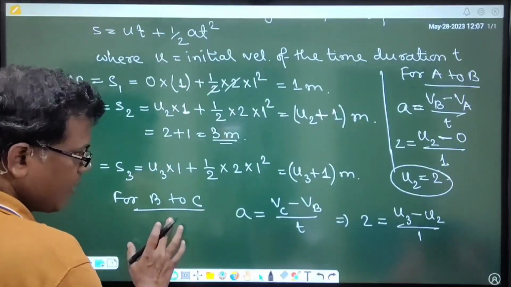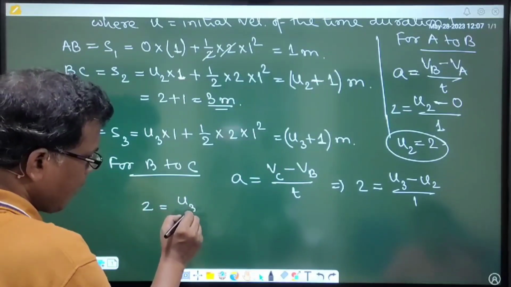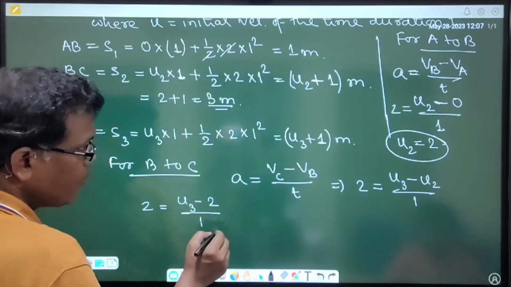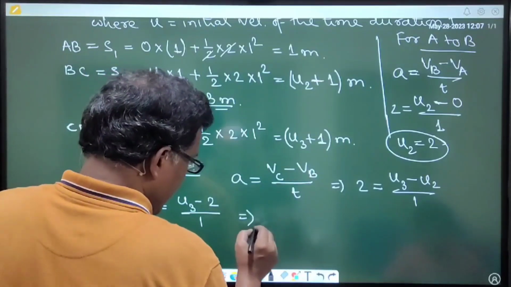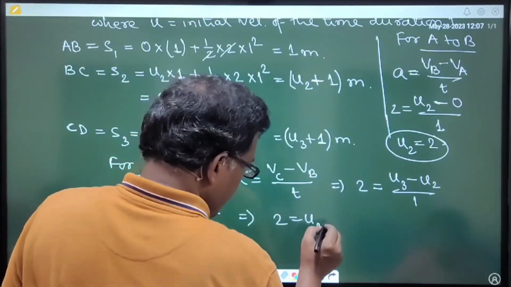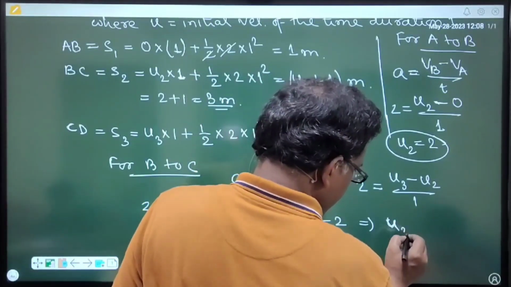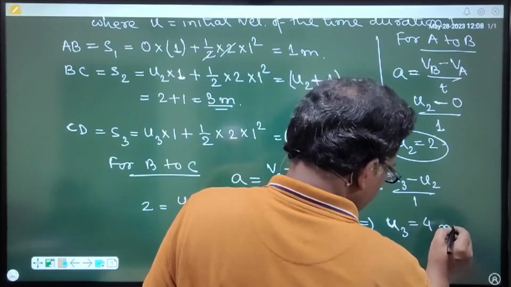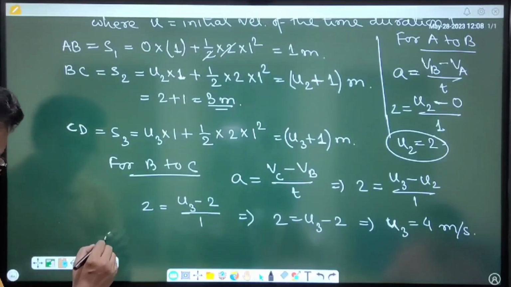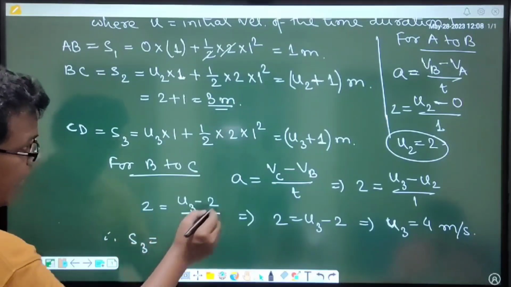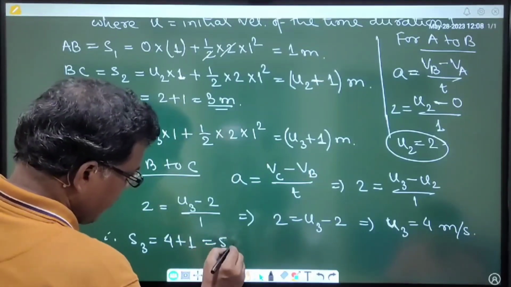So 2 is equal to u3 minus 2 divided by 1, because we got earlier u2 as 2. Simplifying, 2 equals u3 minus 2. That means u3 will be 4 meter per second. So as u3 is 4 meter per second, S3, which depended on u3, is 4 plus 1. So yes, it is 5 meter.